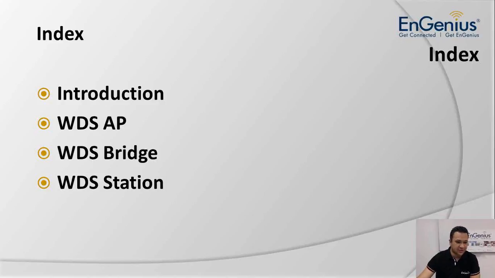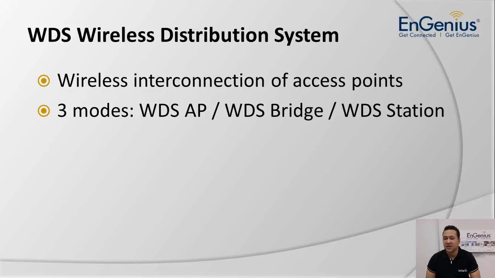So let's start here with my introduction about WDS, which stands for Wireless Distribution System. And it actually is a system enabling the wireless interconnection of access points in an IEEE 802.11 network. It allows a wireless network to be expanded using multiple access points without the traditional requirement for a wired backbone to link them.